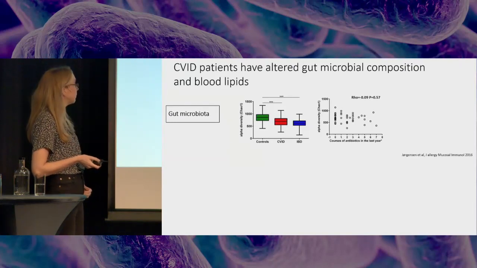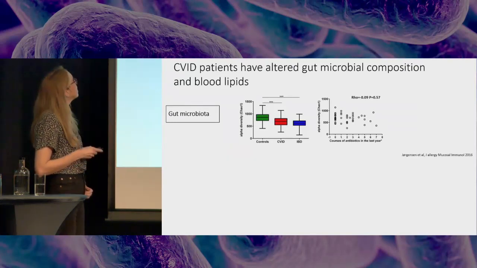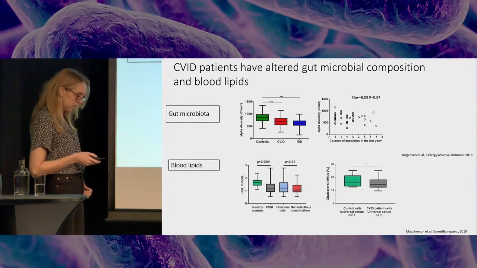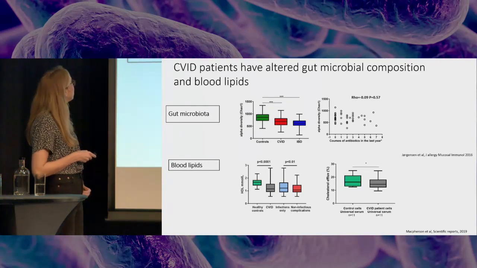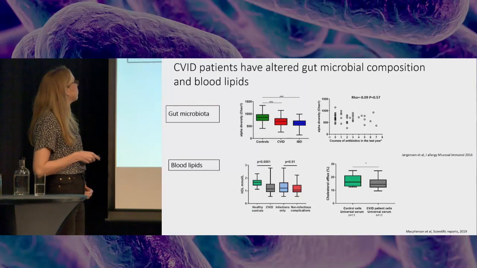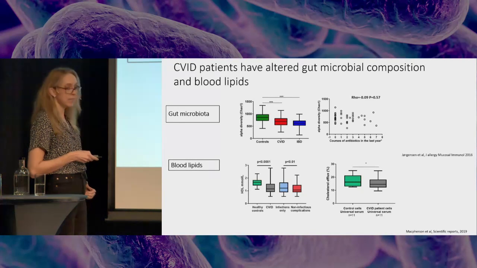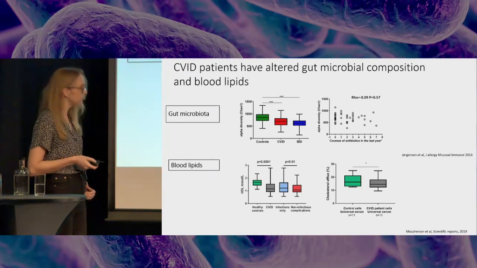They had reduced alpha diversity, almost at the level of IBD, which was not related to antibiotic use. We also saw an altered lipid profile in these patients with reduced HDL and altered cholesterol efflux, particularly in patients with autoimmunity and inflammation. But it's important to emphasize that these patients do not have increased atherosclerosis risk.